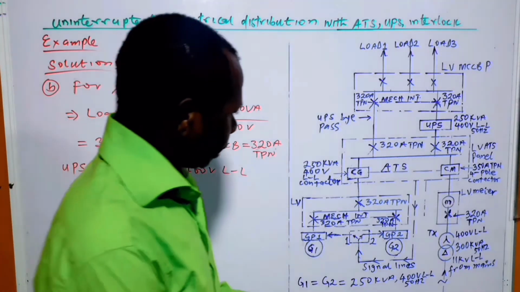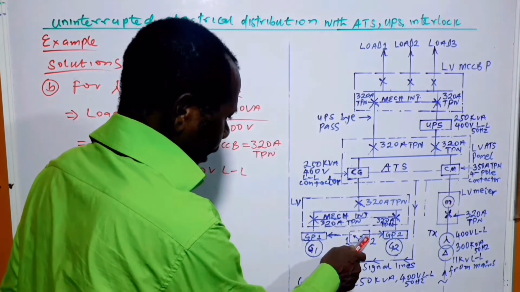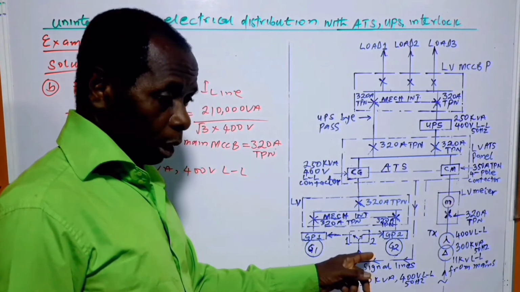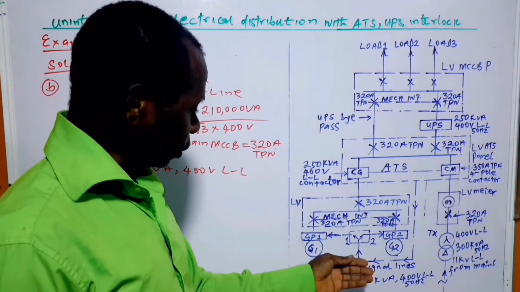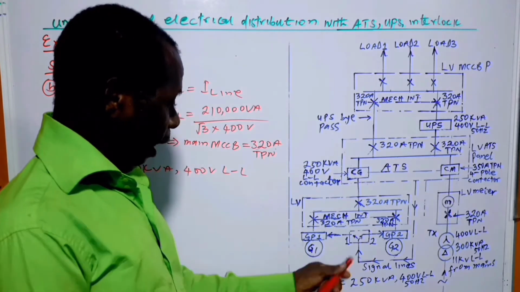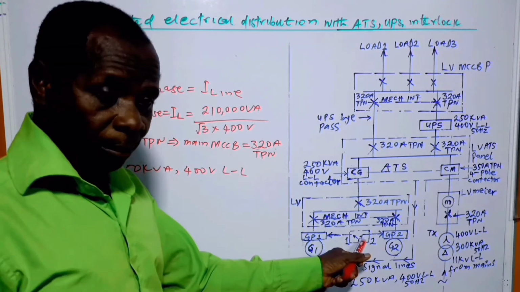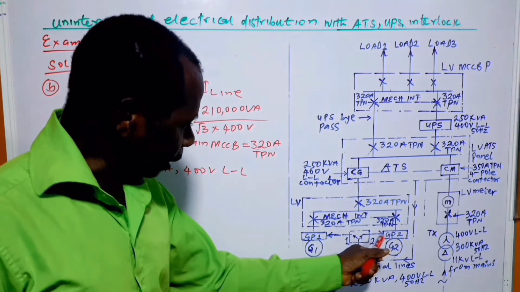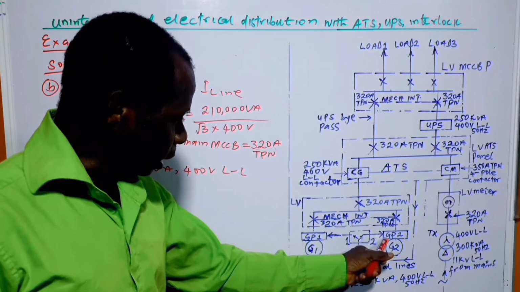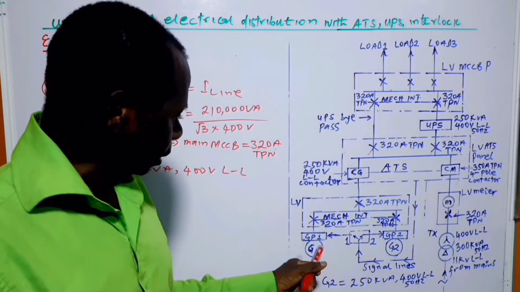So, and then from the ATS panel we have this signal line, or a combination of signal lines coming here with a changeover switch here, as to whether you want to select generator 2. This is generator panel 2, this is generator panel 1. So you select one at a time.